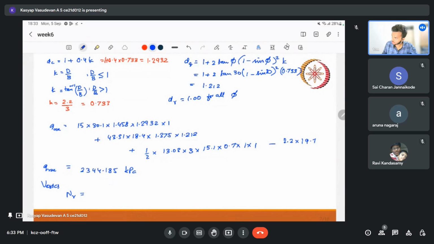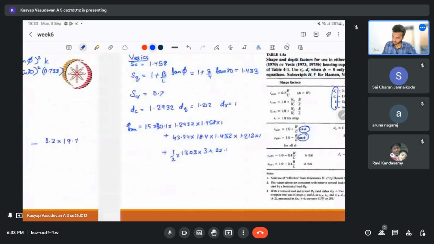We have N gamma is equal to 2 into Nq plus 1 into tan phi. So this turns out to be 2 into 18.4 plus 1 into tan 30. This is 22.4.